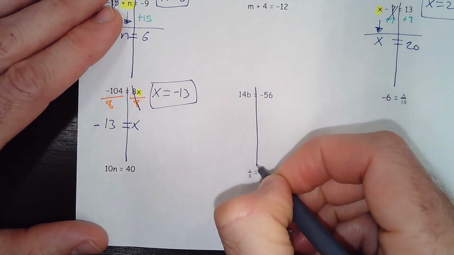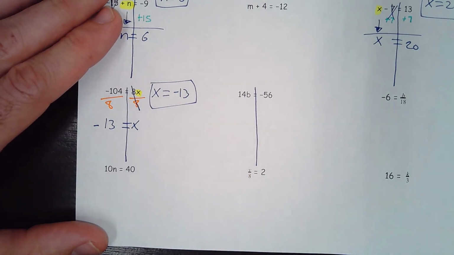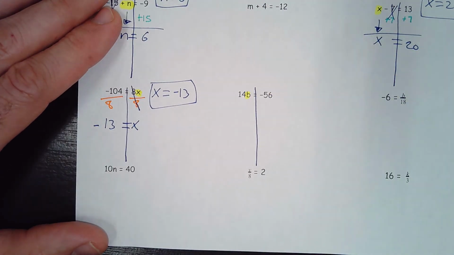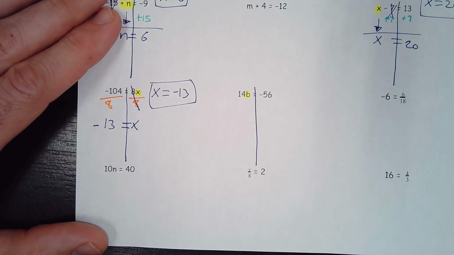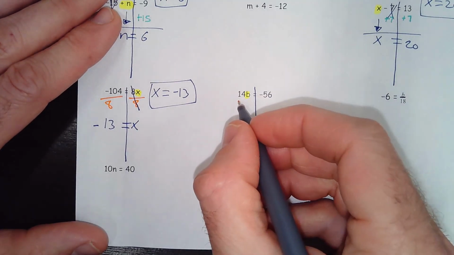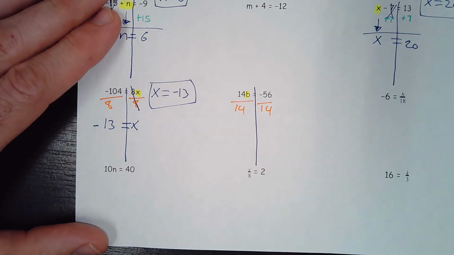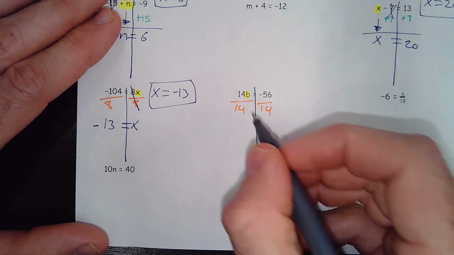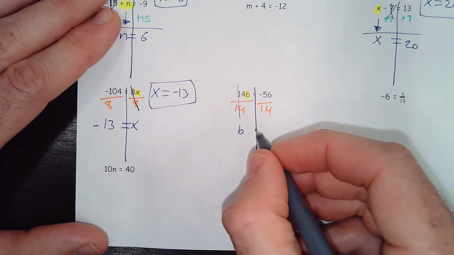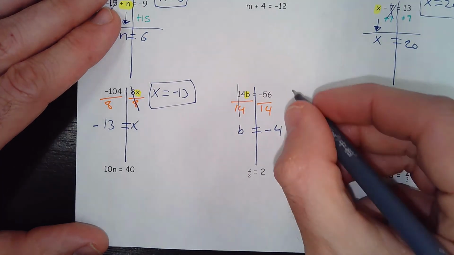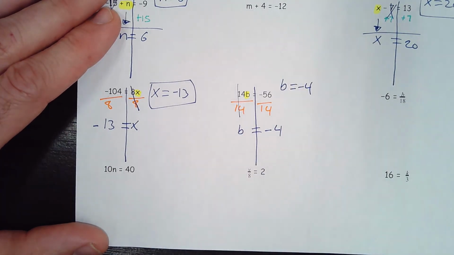Draw a line down, find my variable, and then what's happening to that variable? I'm multiplying the variable times 14. Divide by 14 to both sides. And I get, cancel that out, b equals -4. My solution is b equals -4.